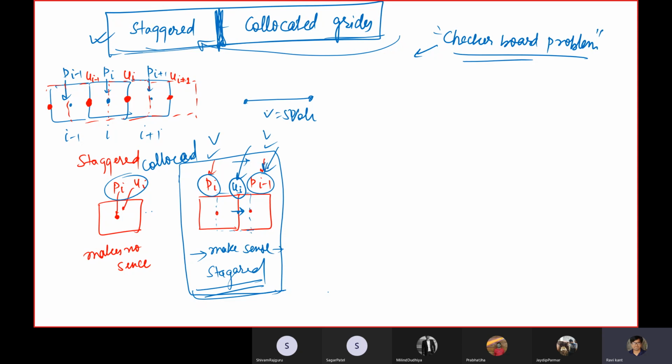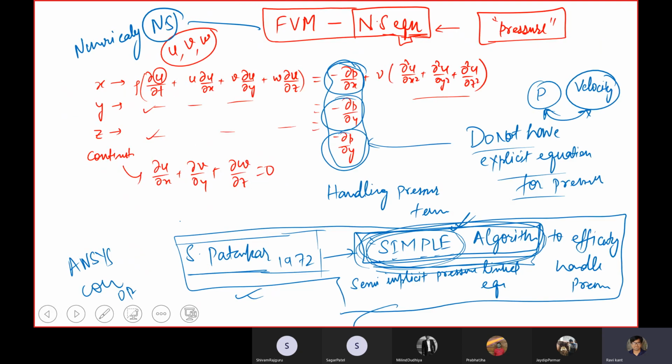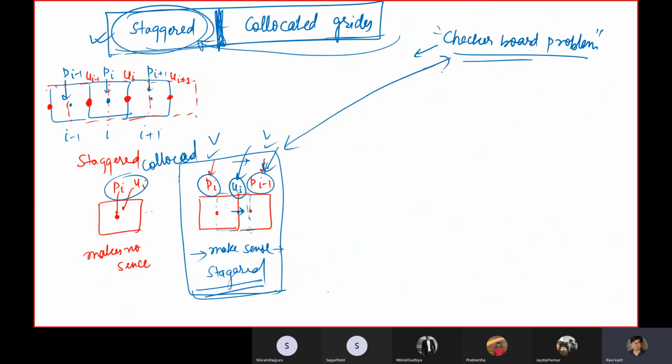Then only, if at all there is a voltage across this, you will find electricity is happening, otherwise you won't, in physical terms. So in similar fashion, you can also think of there is a pressure potential, and because of this pressure potential, your velocity is happening at the interface, and so that is why your interface will be composed of another grid configuration which is offset by some distance. Okay, that is why this staggered configuration comes into the picture, and this also handles your checkerboard problem efficiently.